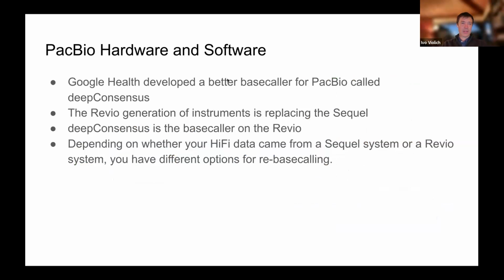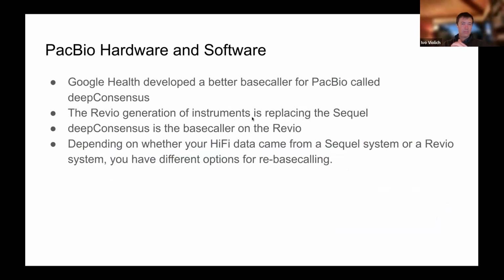Okay, and here's a couple things on PacBio hardware and software. The data that we're going to be using for the workshop that we already received is from a Revio, but I'll just mention this just in case. Google Health developed in the last couple of years a better base caller than PacBio had on their systems, called DeepConsensus.